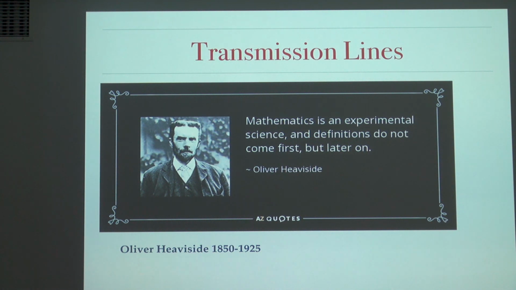Actually, Heaviside was born in a poor family. He got a very elementary education. He never went to any university. He didn't even go to something which we would now call a lycée.